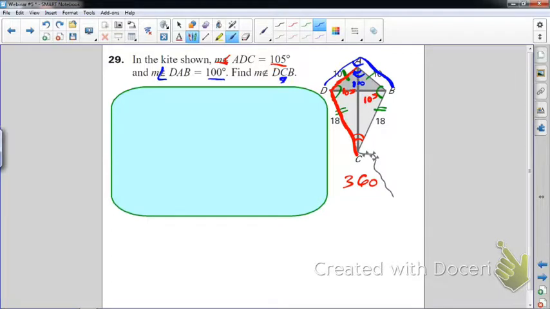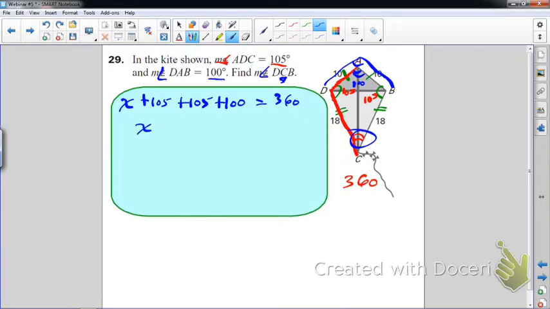So it's asking us, find the measurement of angle DCB, which is down here. Perfect. We know how to do that. We take the addition of all the interior angles. We'll label angle C, we'll label it X. Then we have 105 plus 105 plus 100, and we set it equal to 360 degrees.